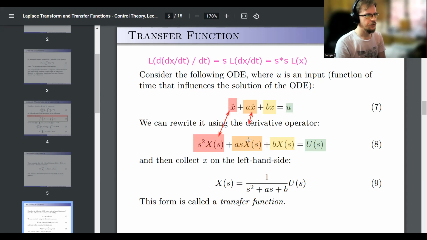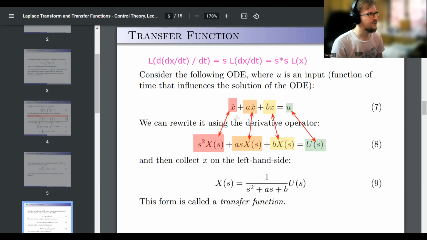So you can see for linear equations, the process is laughably simple. You just replace dots with s, that's all. The reason it is so simple is because we didn't try to actually put any real functions here. Like we didn't say u is equal to sine of t, for example. Because what would be the Laplace transform of sine of t?